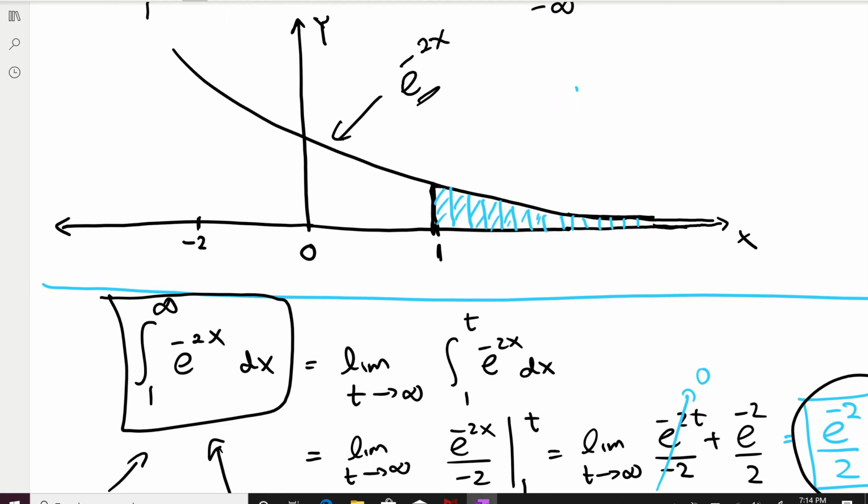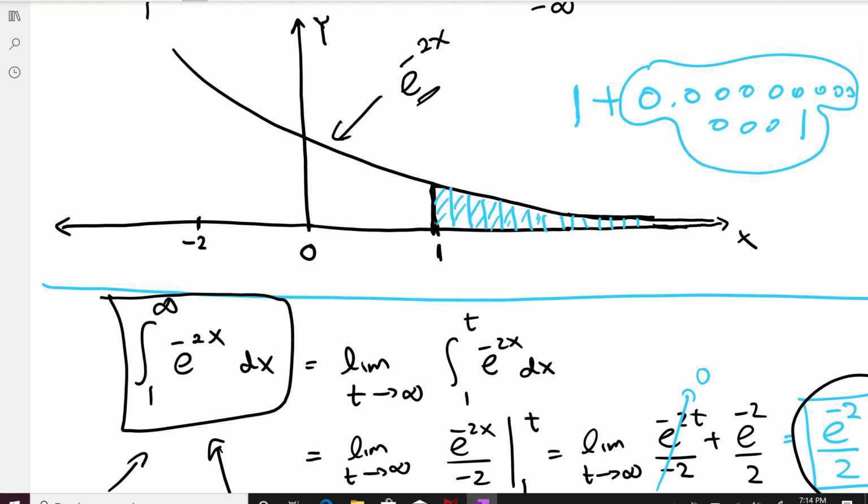Think about this. If you are adding 0.00000000001 to 1, is it going to matter? No, it's still going to be pretty close to 1. So you can think that after a certain point, the areas of the rectangles are going to be even smaller than this small number that I add.